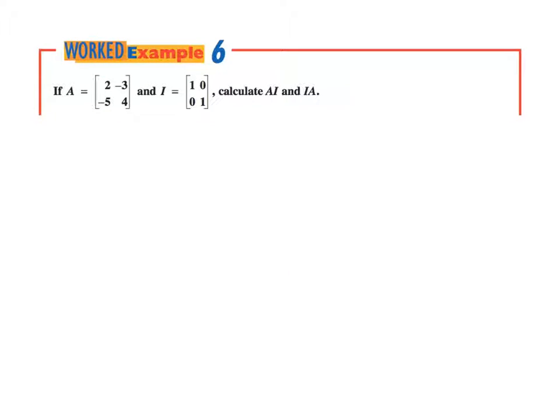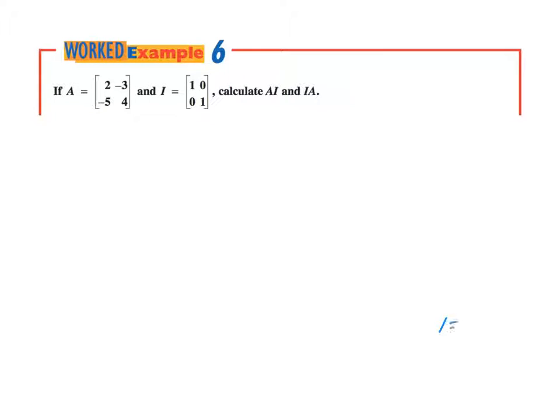Now, the way that identity matrices are created, you could see that this identity matrix is a 2 by 2 identity matrix, and it's 1, 0, 0, 1. Now, if we have a 3 by 3 identity matrix, let me do it down the bottom here.